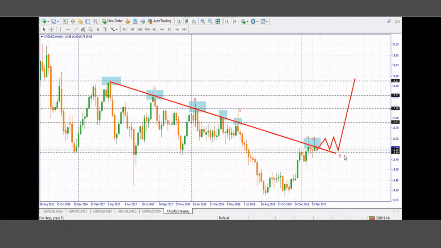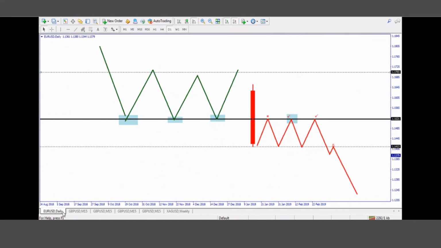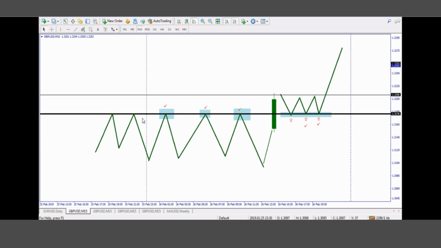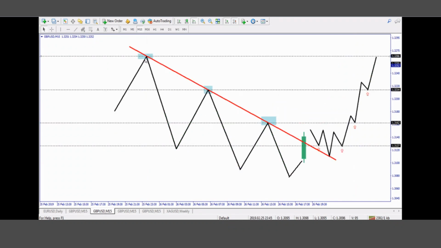So this should pretty much bring us to the end of today's webinar. So far we've looked at just everything we wanted to look at. We've looked at a bearish breakout. We've also looked at a bullish breakout, which we've explained already. Then we've looked at a diagonal resistance which is being broken. This is also a bullish breakout, another name.